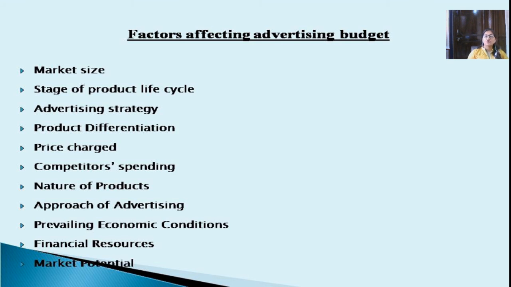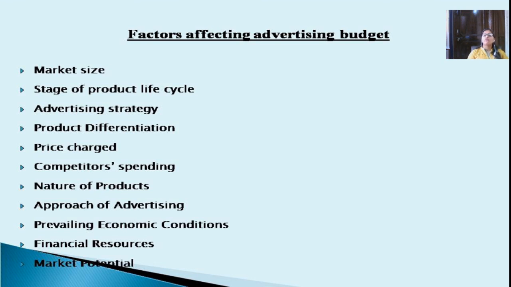Then is approach of advertising. Approach of advertising here means how much advertising is reaching out to the customer. Geographical area: newspapers might have a large geographical area, but television and radio have a larger geographical area as compared to magazines.